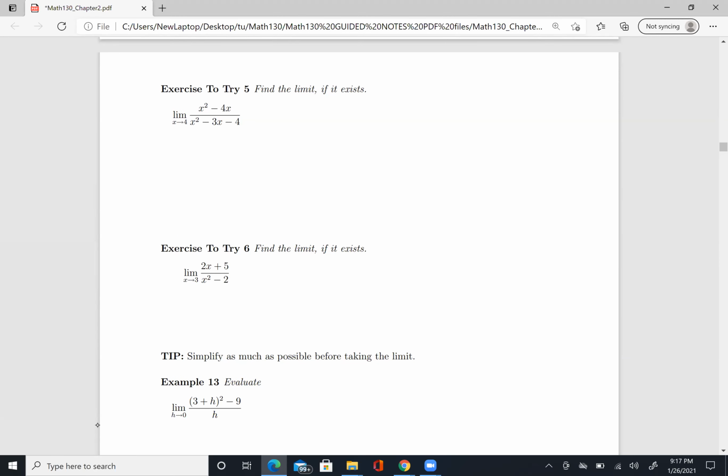Okay, let's do example number 5. I will let you guys try to do this problem. Make sure to follow all the things that I showed you.